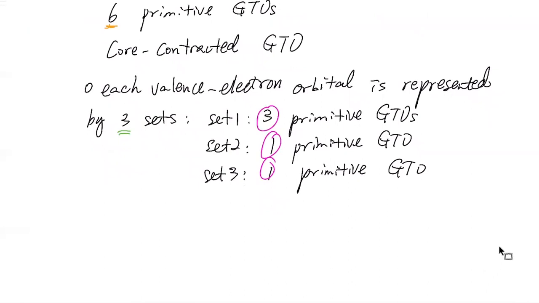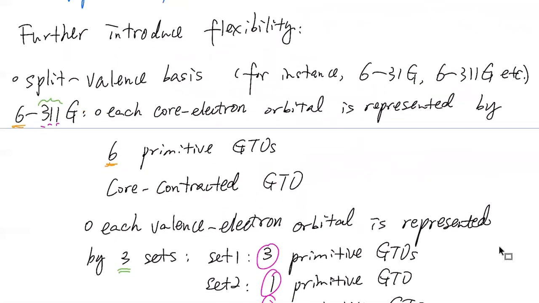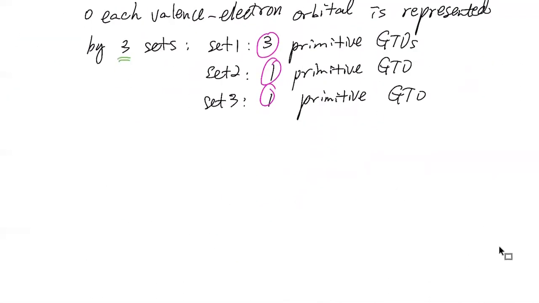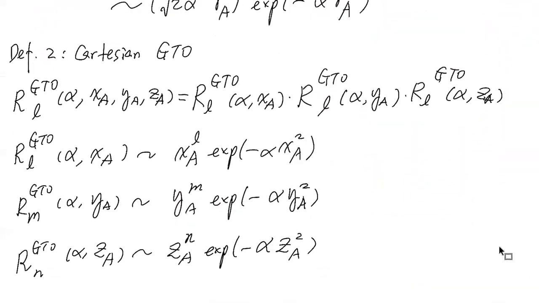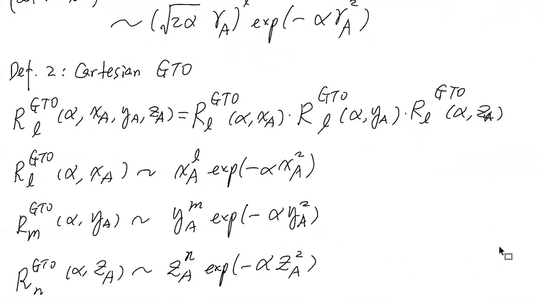You can construct this set of orbitals, which is very flexible. That's why this kind of orbital, 6311G, is still very popular in modern molecular quantum mechanical calculation. The parameters are the coefficients for the linear combination, and the exponent in the Gaussian function, the alpha parameter in the exponential term, which is also optimized by fitting.